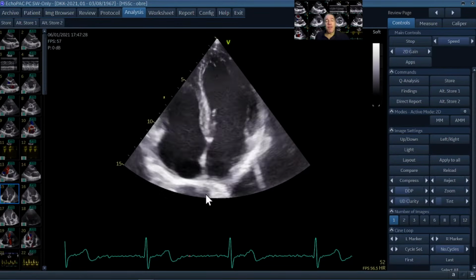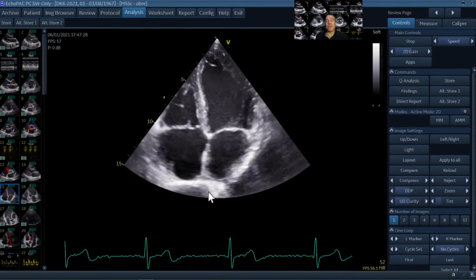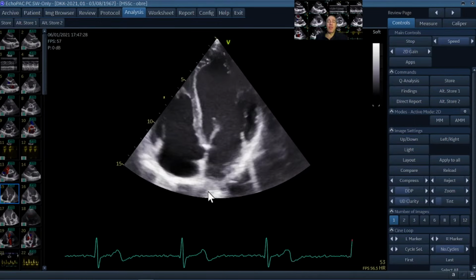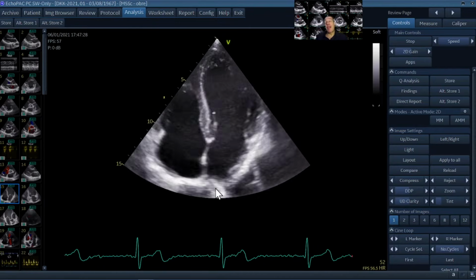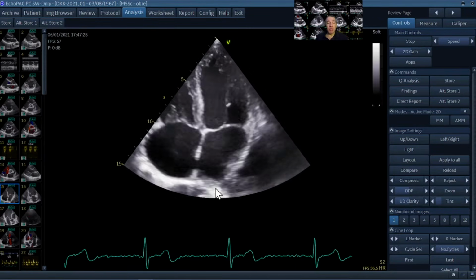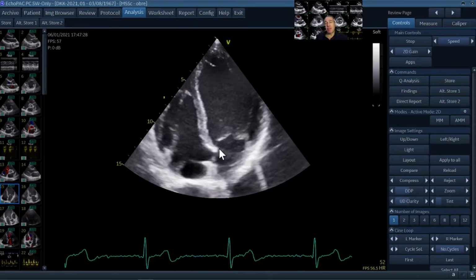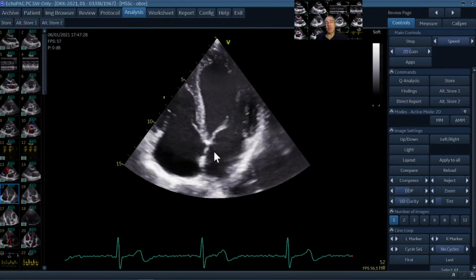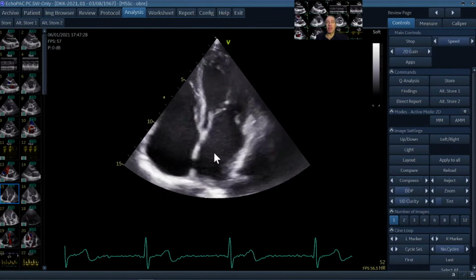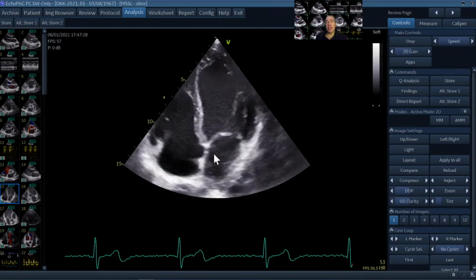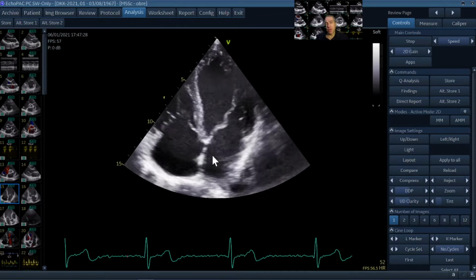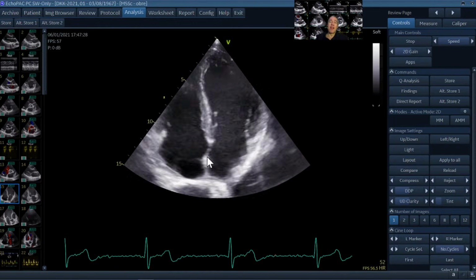So from the parasternal views, I moved now to the apical window, and I tend to start with the apical four-chamber view. I know that some people recommend to start from the apical long axis view because that gives you a better idea of the apex and to optimize for shortening.